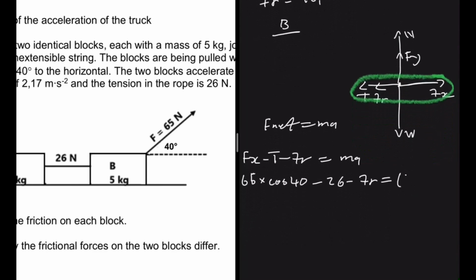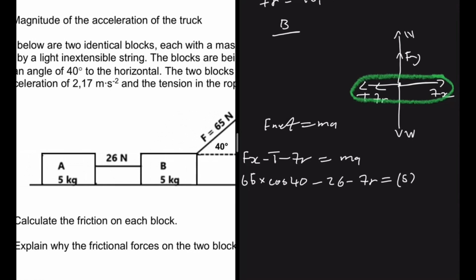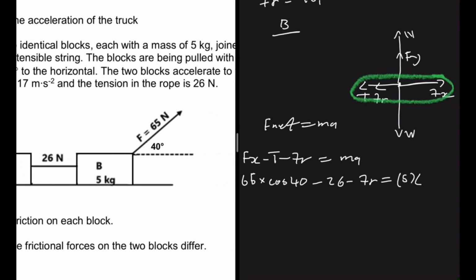Our mass is 5 kgs and our acceleration is 2.17. So we're going to say minus frictional force equals 5 multiplied by 2.17 plus 26 minus 65 multiplied by cos of 40.